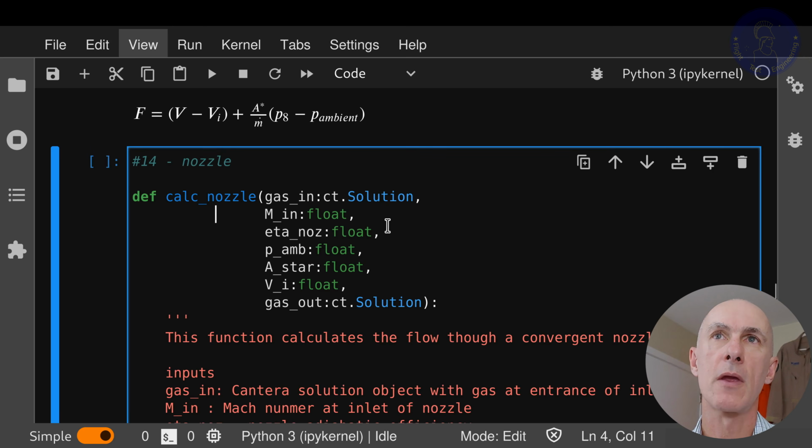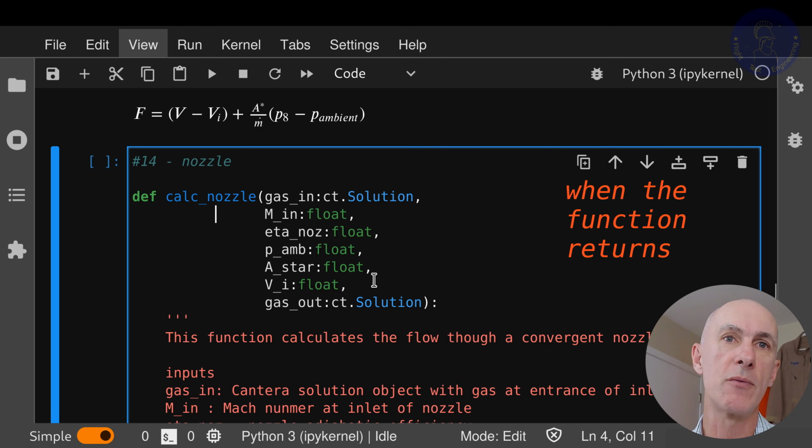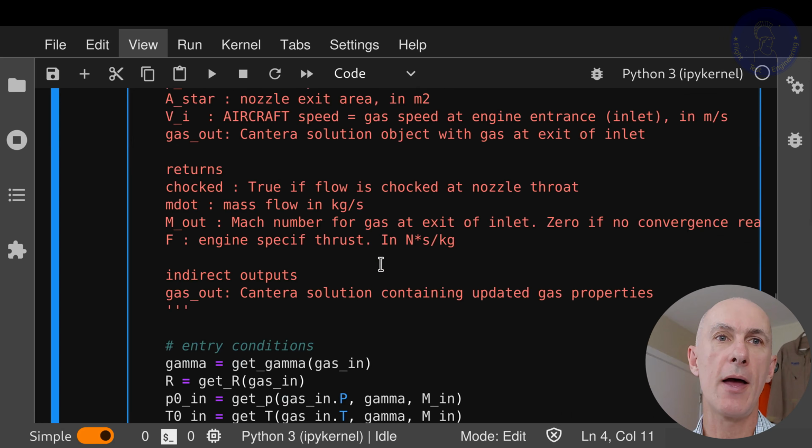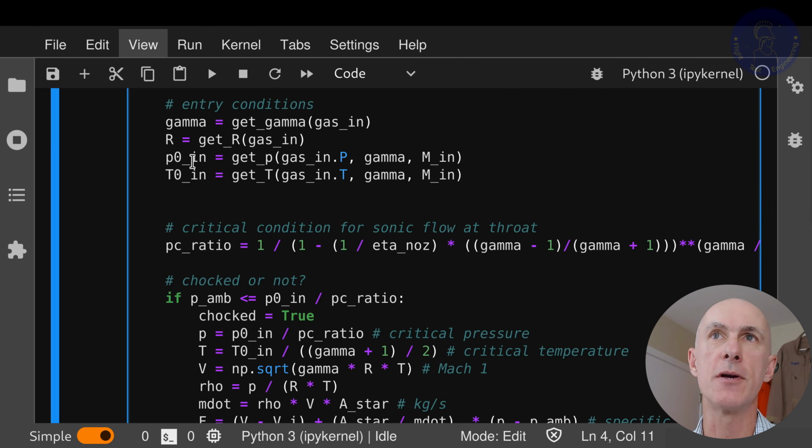Right there. Our function will get the gas object, the Mach, eta nozzle, which is the efficiency, ambient pressure, throat area, the aircraft speed, and the Cantera gas object that will communicate back the states when we go back. Scrolling down past the function documentation, we have the entry conditions here.